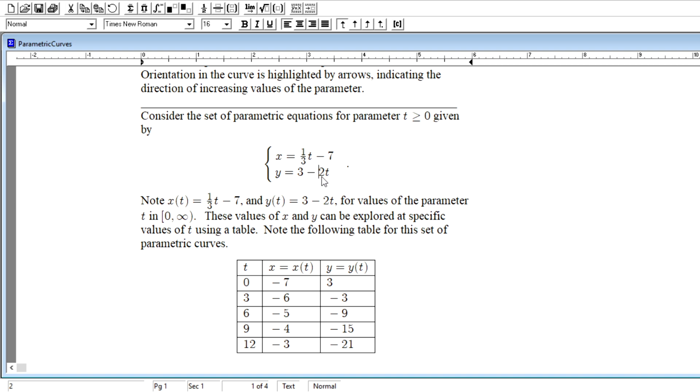And positive 1/3 and negative 2 here describe the slope of these two parametric lines. The negative 2, we might say, describes b. The 1/3 describes a.